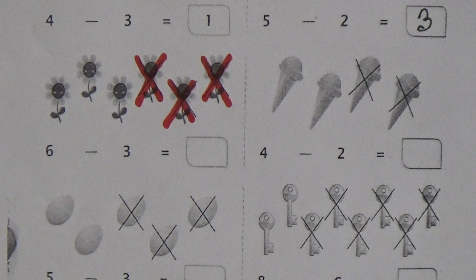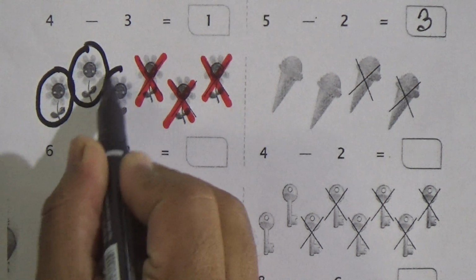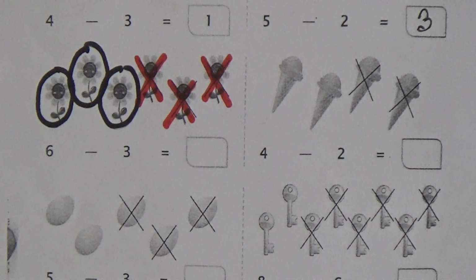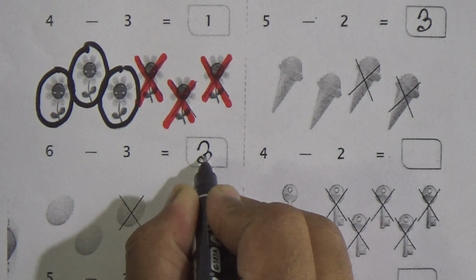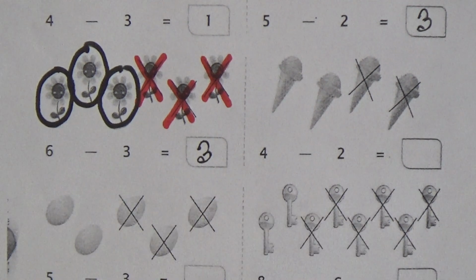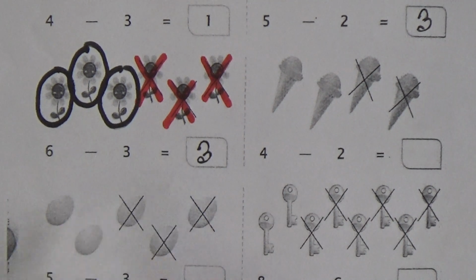Now how many remain? Count: 1, 2, 3. So 3 sunflowers are remaining. So we should write down 3 in this box, because if we subtract 3 from 6, we will find 3. This says that 6 minus 3 is equal to 3.